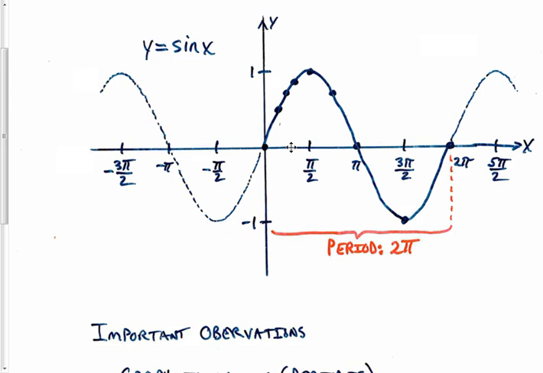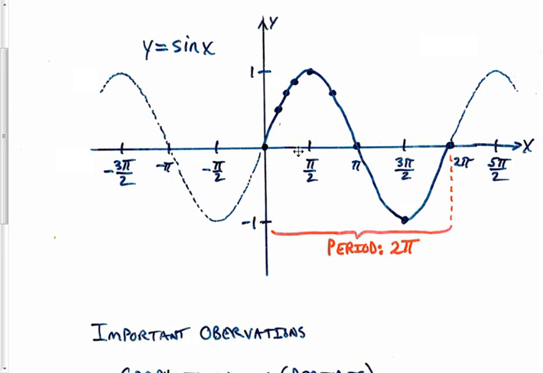Then I chose pi/4, which is halfway between 0 and pi/2, and I calculated y. The sine of pi/4 is the square root of 2 over 2, which is approximately 0.7. So my y value is approximately 0.7, as we see here.